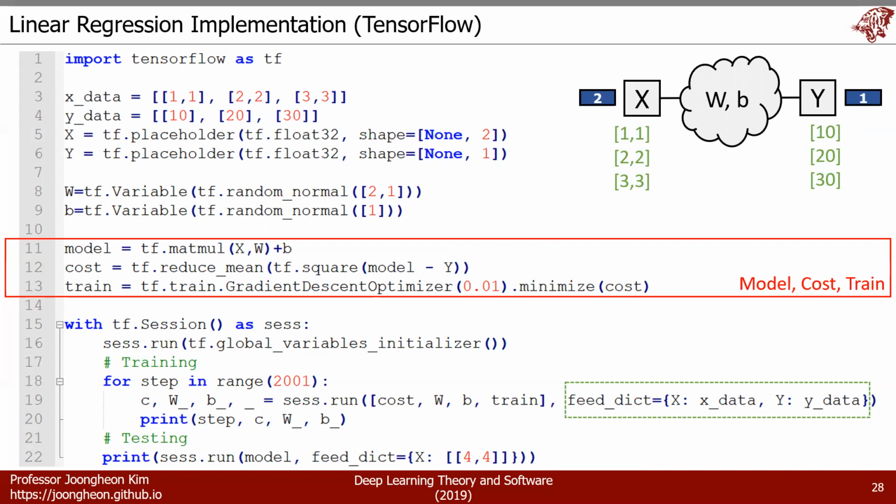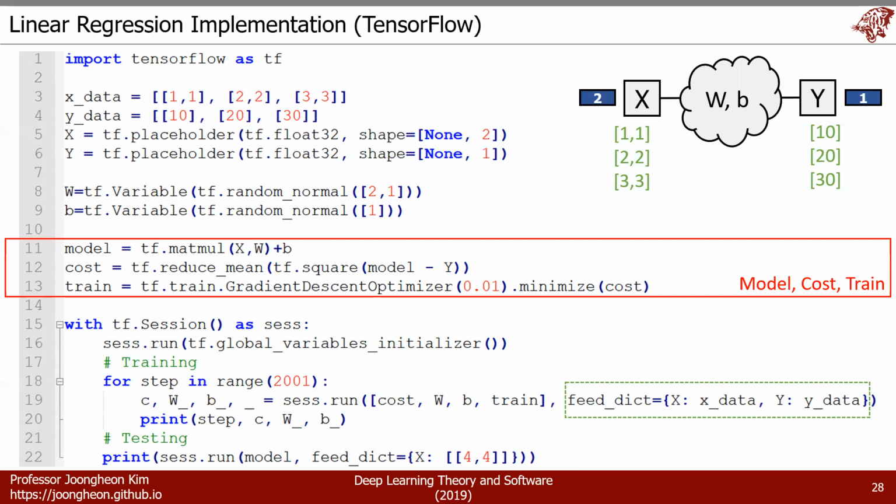Line 6 is for Y. Y is a placeholder, float32, and the shape is None, 1. None means that we can have multiple values, and 1 means that we have only one value. As you can see in line 4, in y_data our data are 10, 20, 30. For every single input we have one datum, so that should be 1 as well. So X looks like a 1 by 2 matrix.